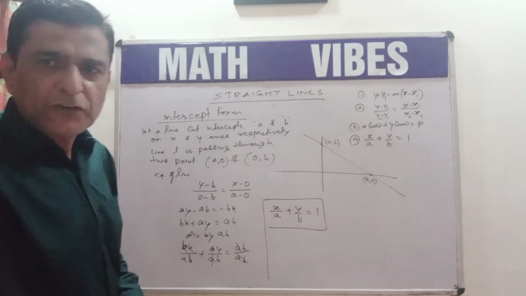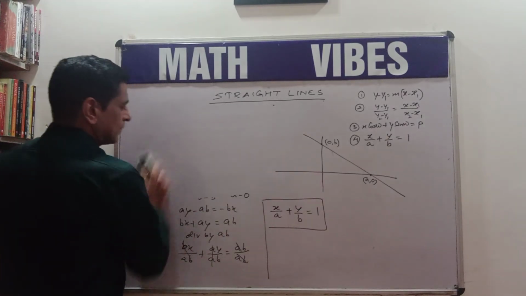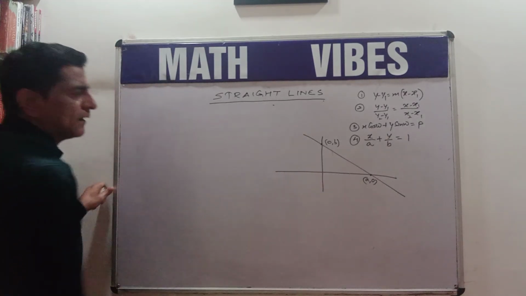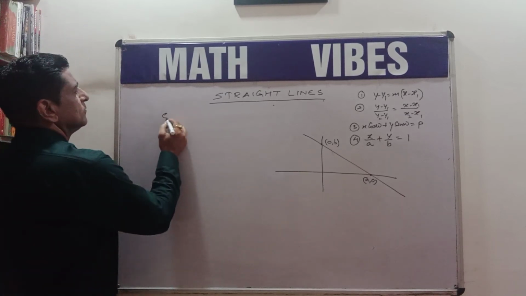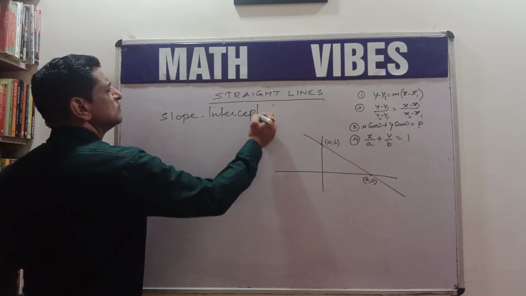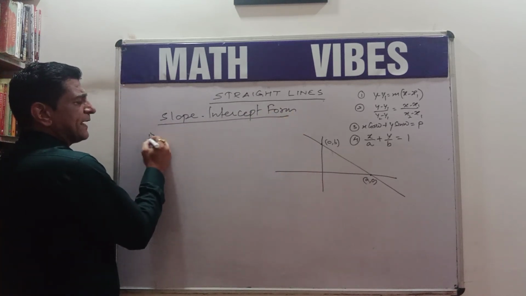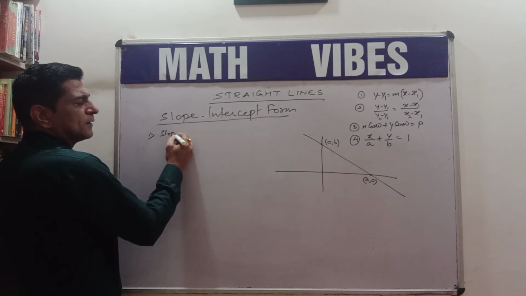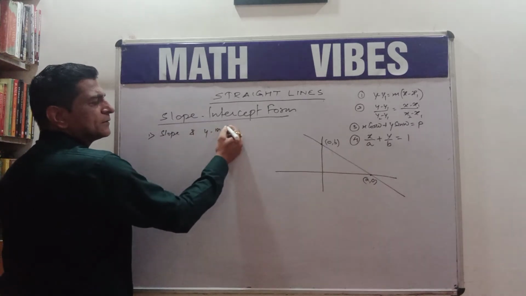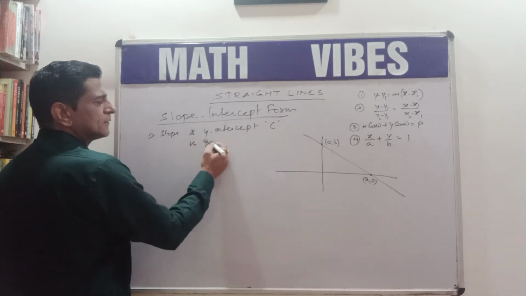Now the next form of equation of line is slope intercept form. First case, when slope and y-intercept C is given.